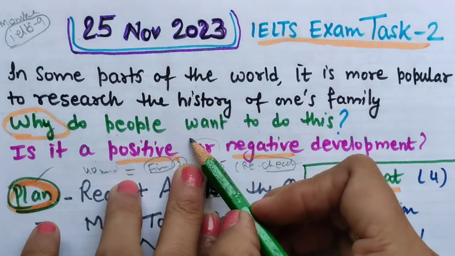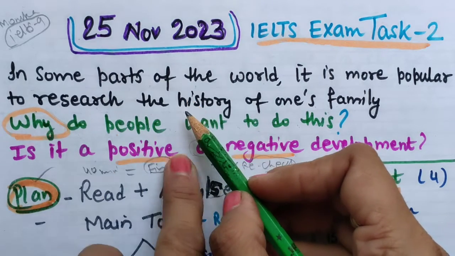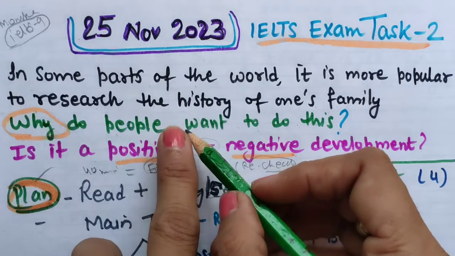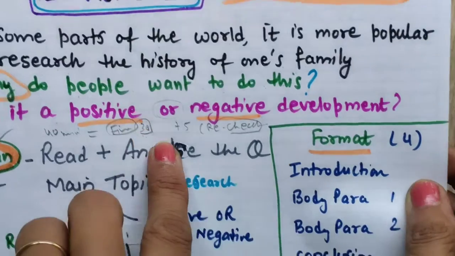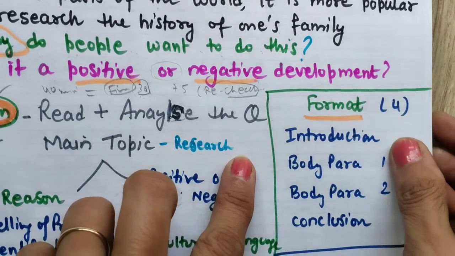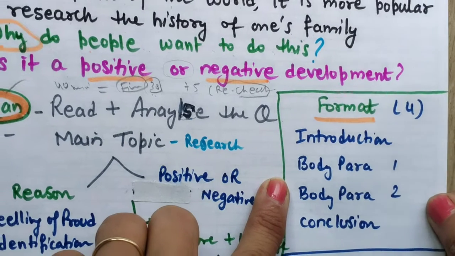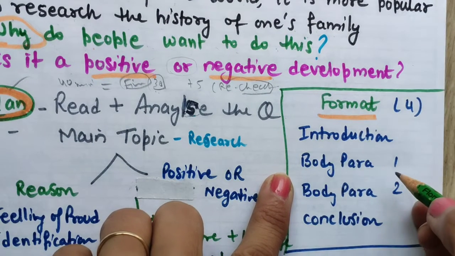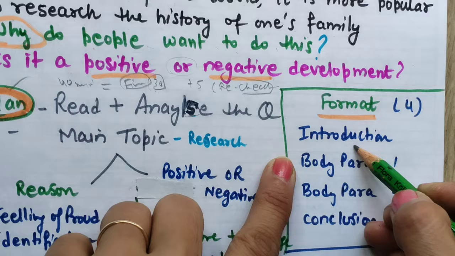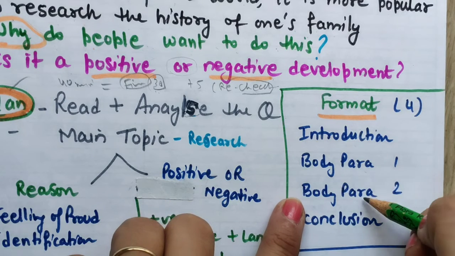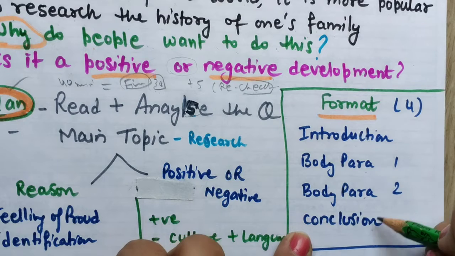For this kind of question, the format of this essay is, of course, as you know, there are always 4 paragraphs in writing task 2, or it may be 5 if you are writing more. First is the introduction, next is body paragraph 1, body paragraph 2, and then the conclusion.